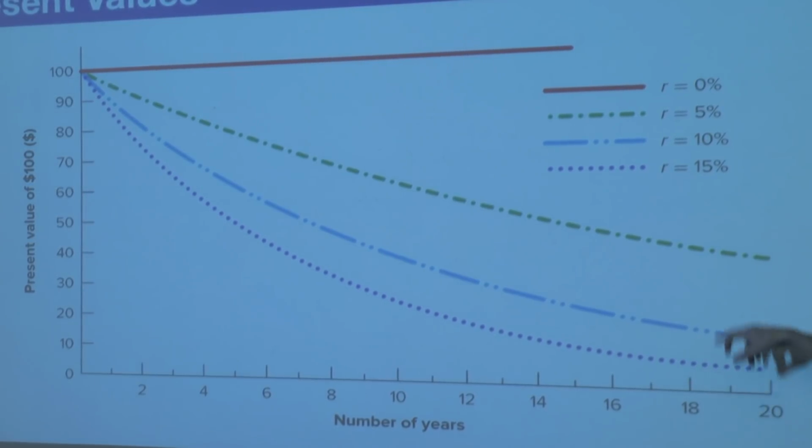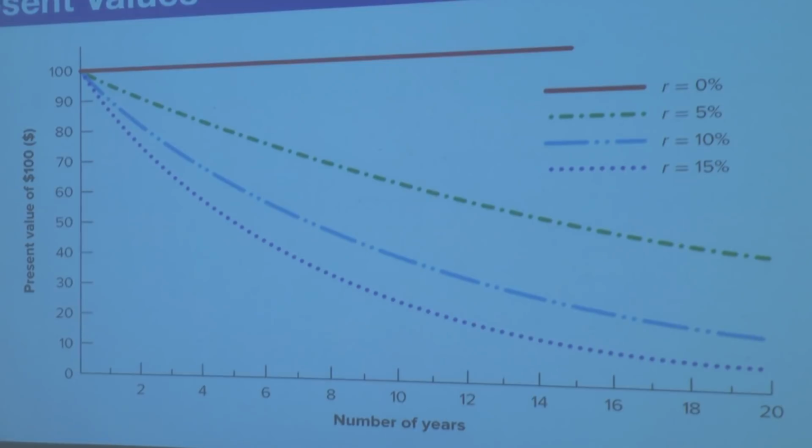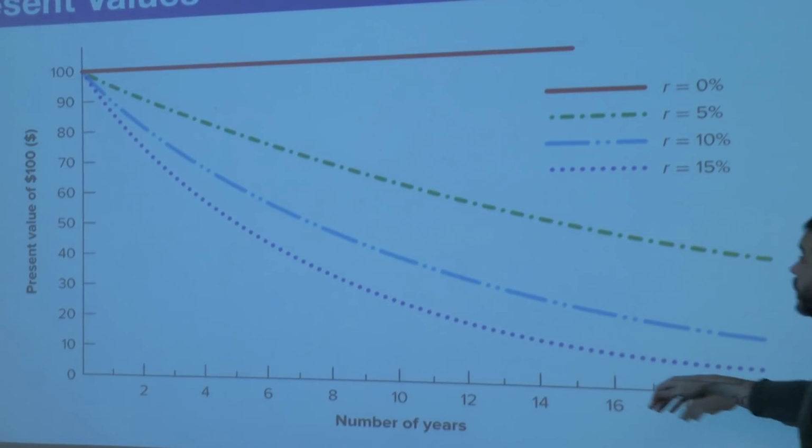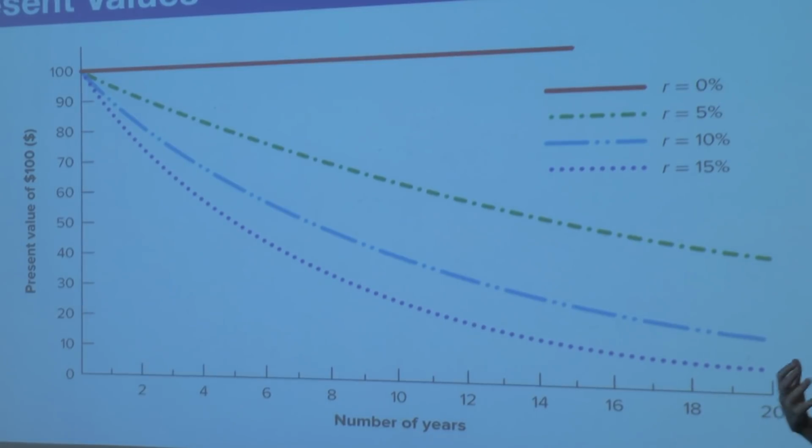And as you see, as the discount rate becomes higher, the present value of those cash flows drops. And the effect is larger and larger the more into the future you move. Because discounting an amount very distant in the future by a very high interest rate means you really drop the value a lot.